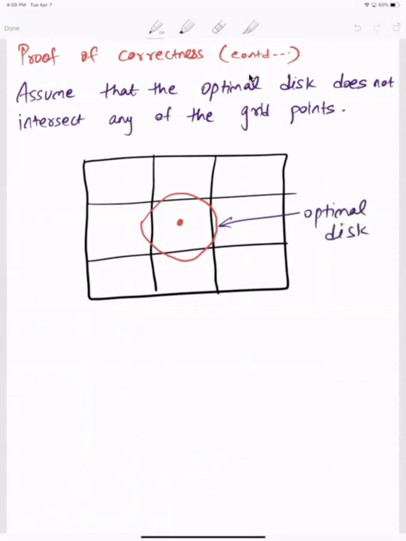Now the question I want to ask is, how many points lie inside the optimal disk?